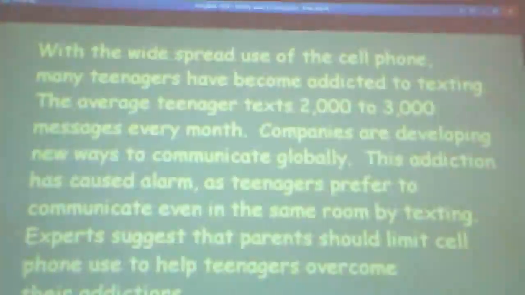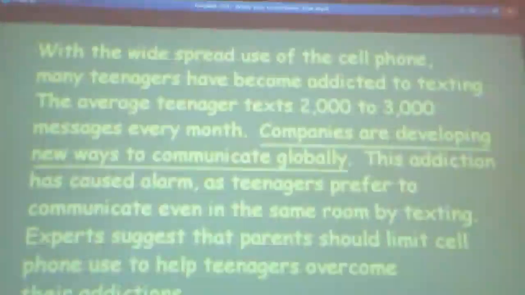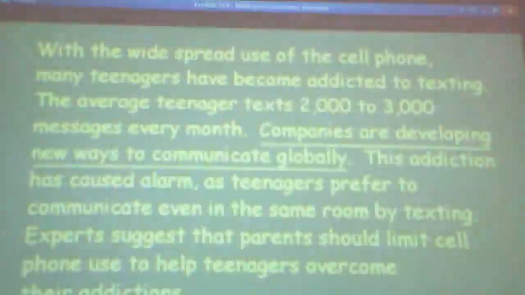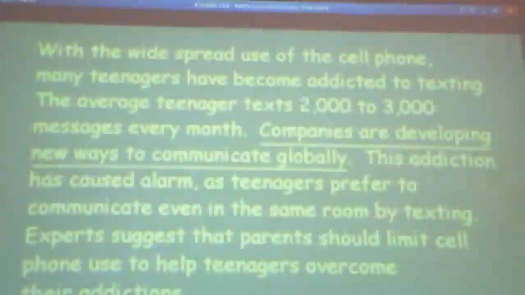Notice the sentence in the middle of the paragraph. Companies are developing new ways to communicate globally. See this sentence? Is it related to the topic sentence? No, because we're talking about addiction to texting. They say that this sentence breaks unity, so you should avoid such sentences in your writing.